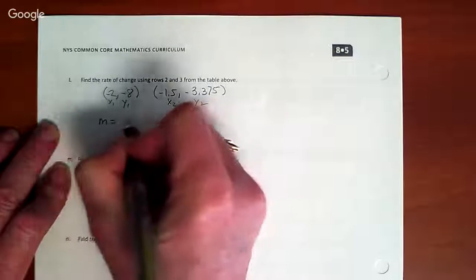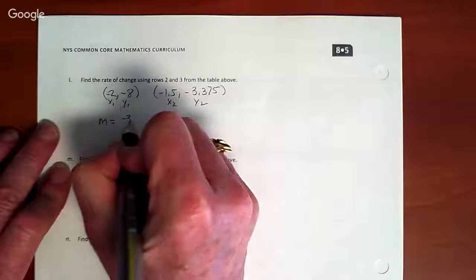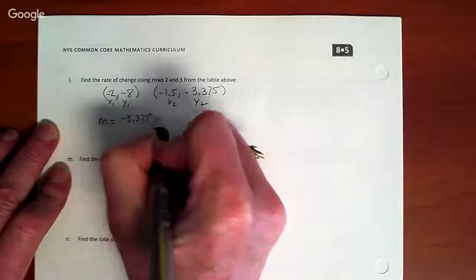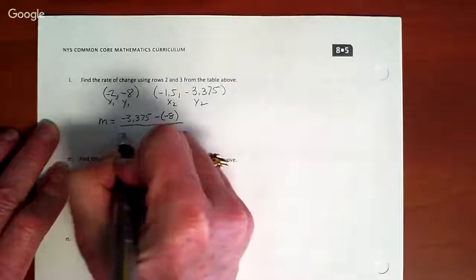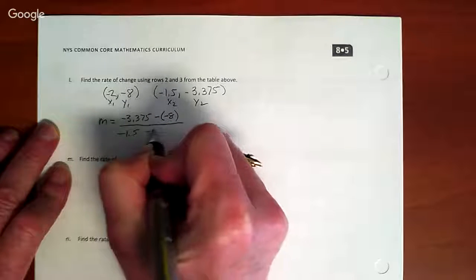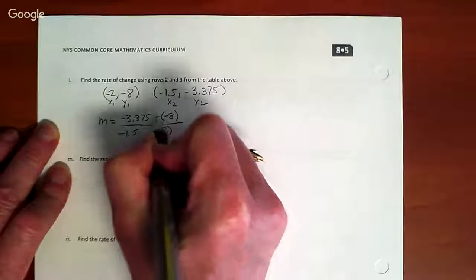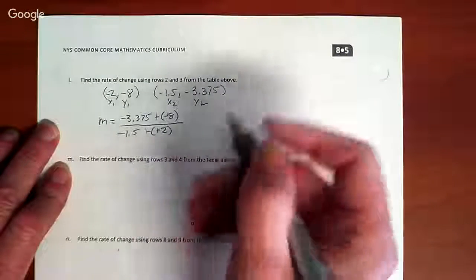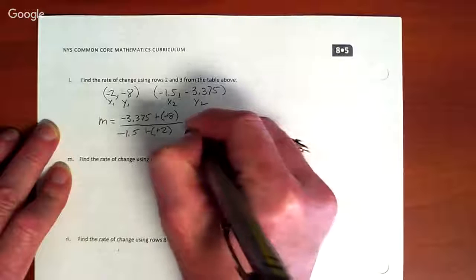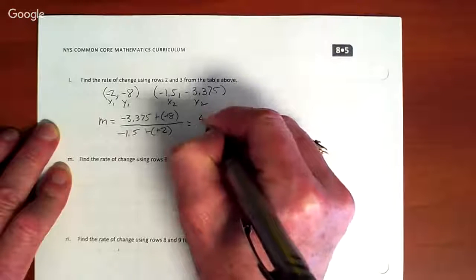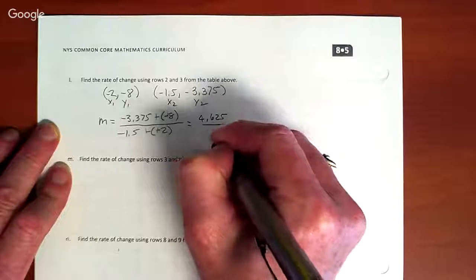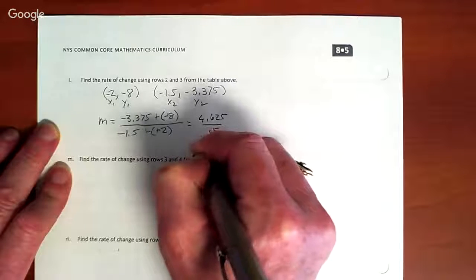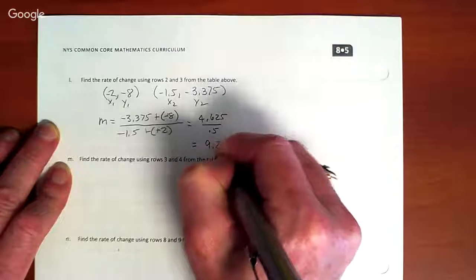So m equals -3.375 minus -8 over -1.5 minus -2. And that would give us 4.625 over 0.5, which would equal 9.25.